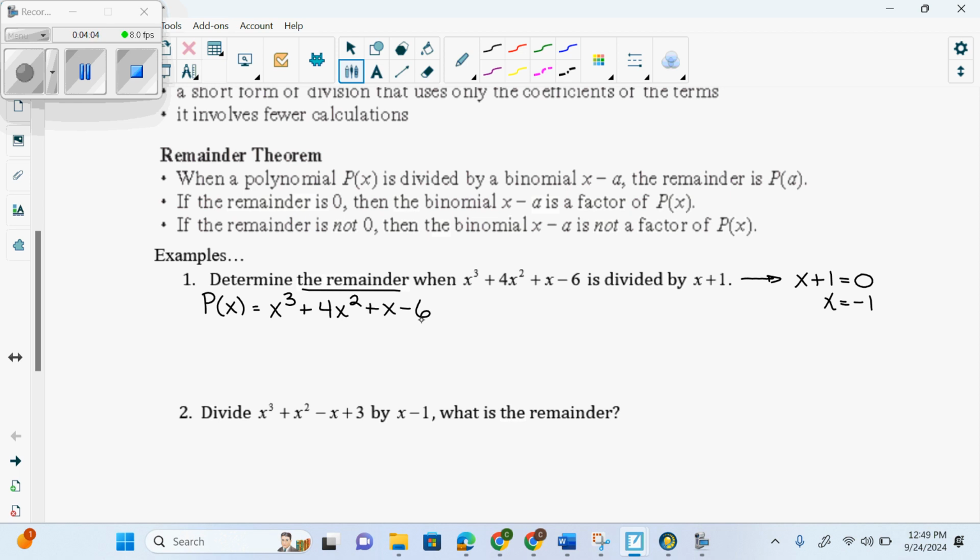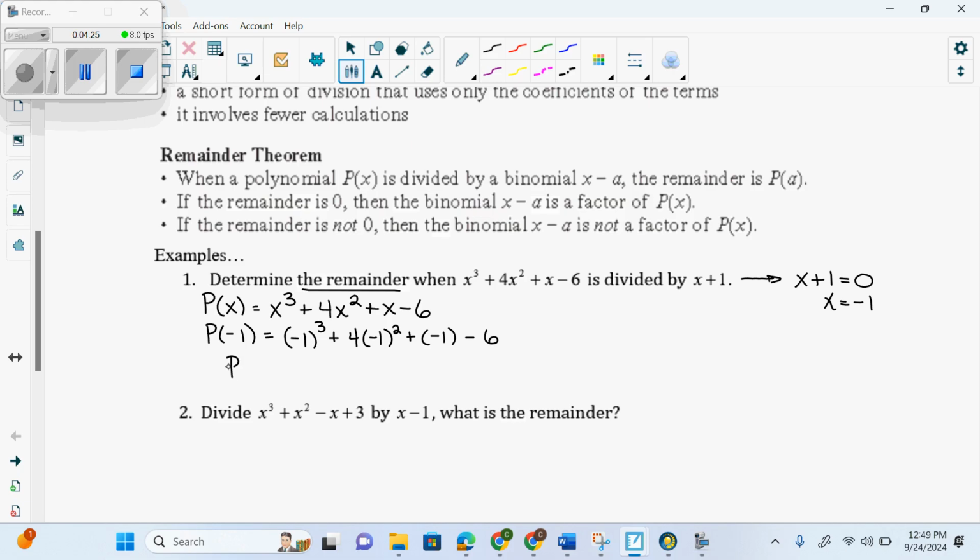So the remainder theorem states that if I take the solution, so x equals negative 1, and I plug it in for all the x's, so I do p of negative 1, it will get me the remainder. So I'm going to get negative 1 cubed plus 4 times negative 1 squared plus negative 1 minus 6.